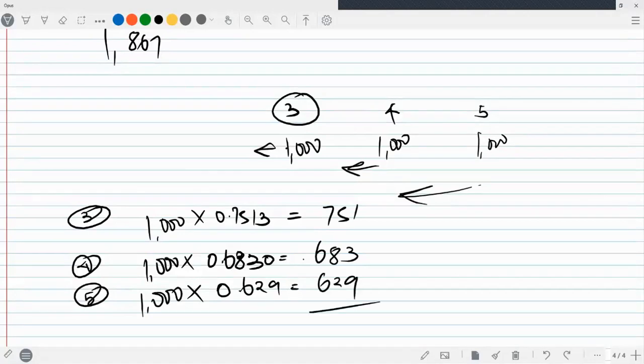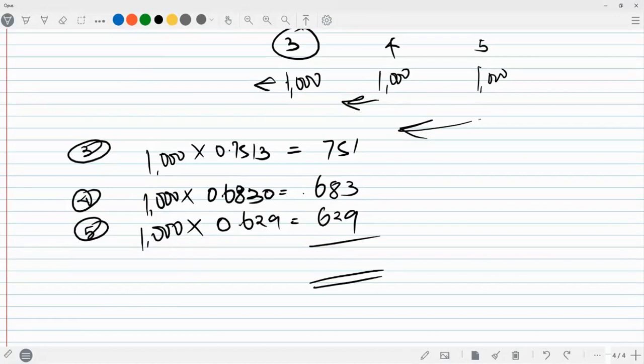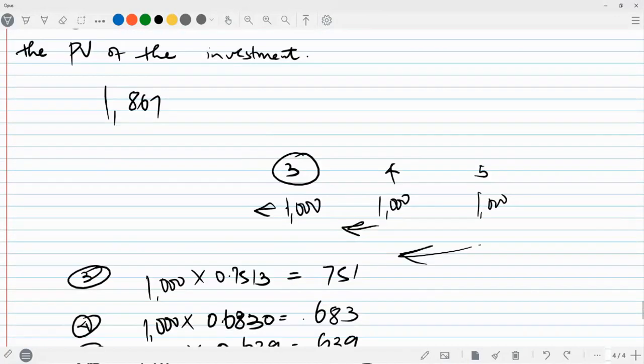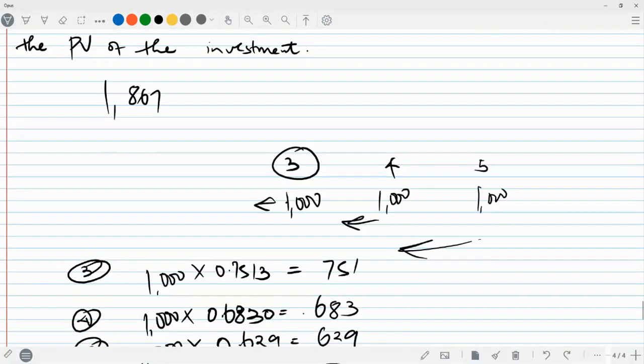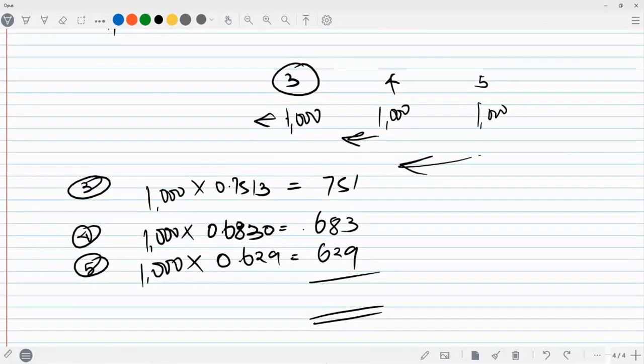Sum total, you get 2,063 to be the present value.